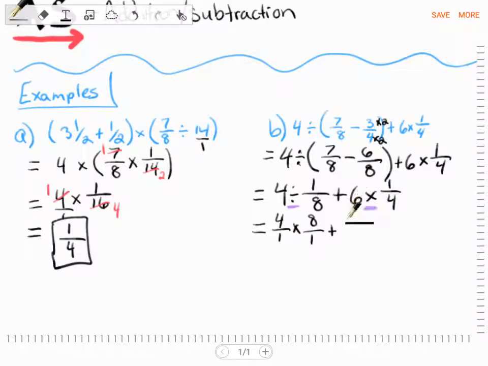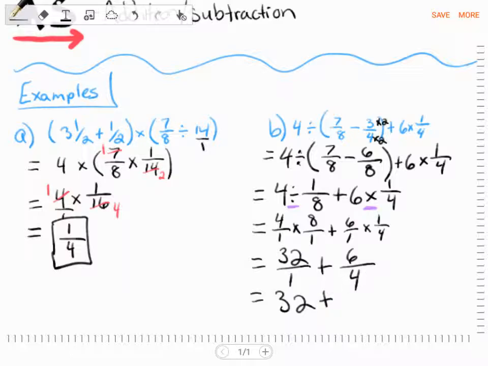I can imagine it as, and if I need to, I can rewrite this. I know 6 is the same thing as 6 over 1. Multiply this out. 4 times 8 gives me 32 over 1, plus 6 times 1 gives you 6 over 1 times 4 gives you 4. And you get 32 plus 6 over 4.